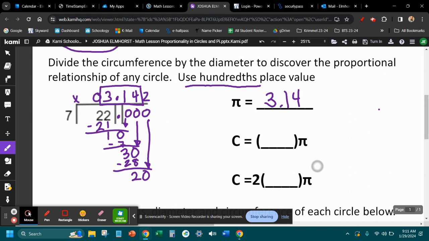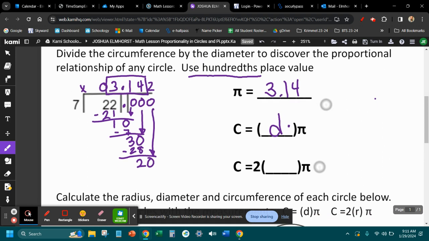Now, in order to calculate the circumference, we're going to multiply the diameter times pi, and that will take us back to the circumference.